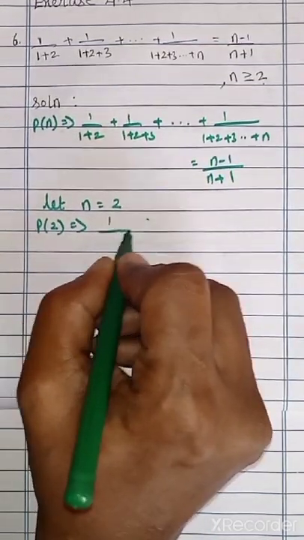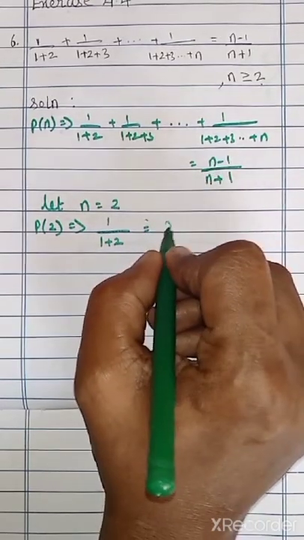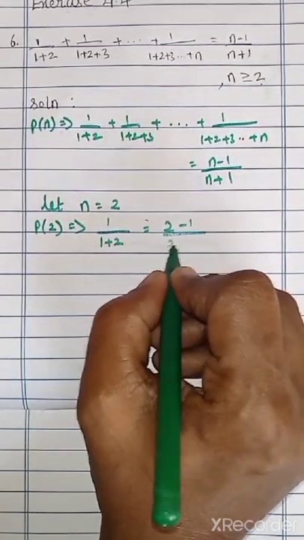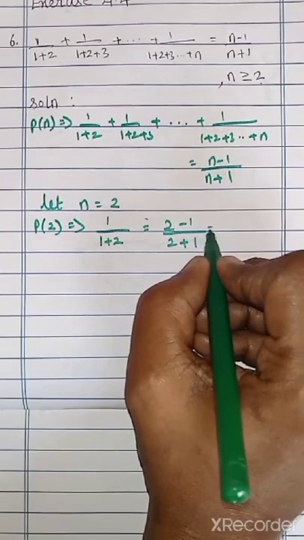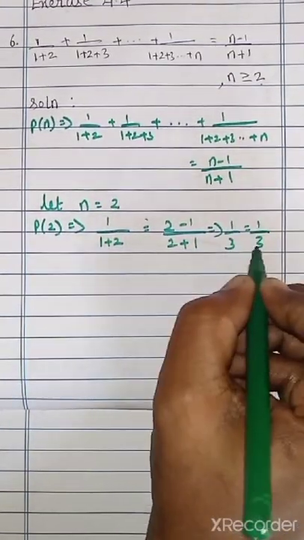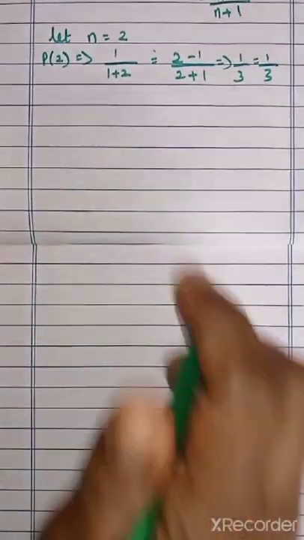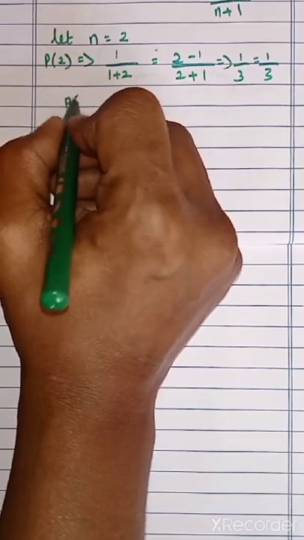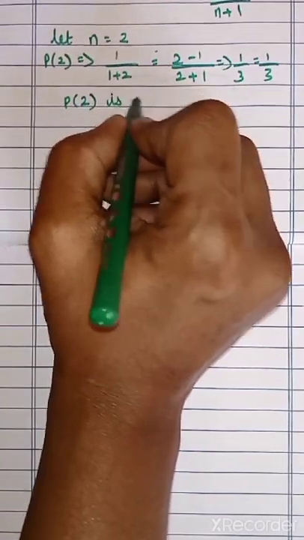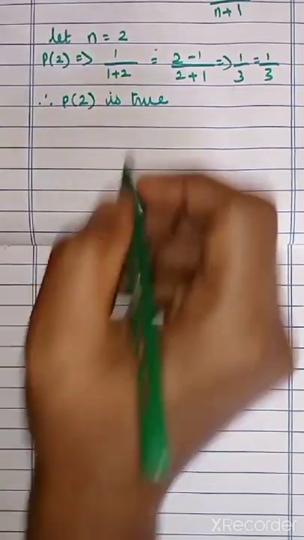So 1 by 1 plus 2 equal to, right hand side, we take 2, 2 minus 1 by 2 plus 1, which implies 1 by 3 equal to 1 by 3. Since the left hand side and right hand side are both equal, P of 2 is true. Therefore, P of 2 is true.